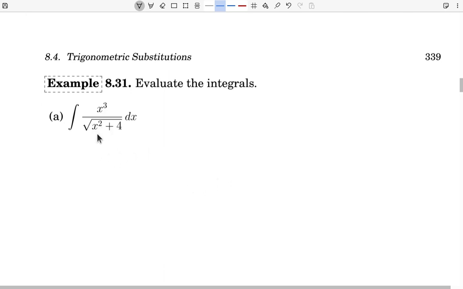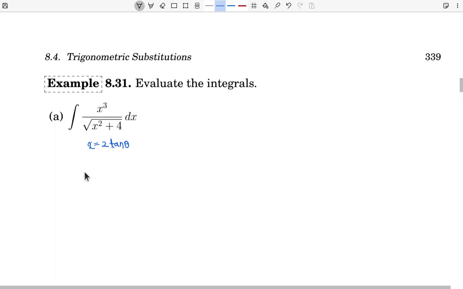For this one, x can be any number, so we can choose x as 2 tangent theta. Of course, theta must be between minus pi over 2 and pi over 2, right?